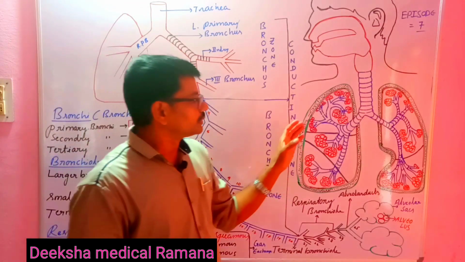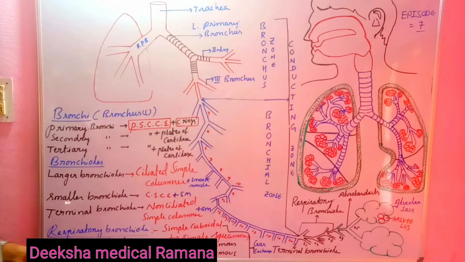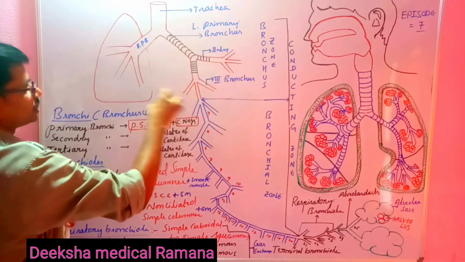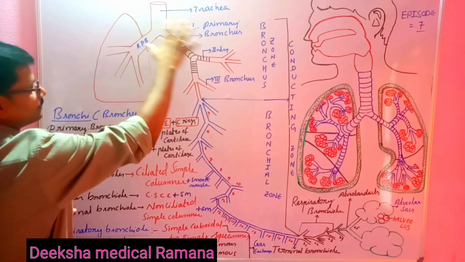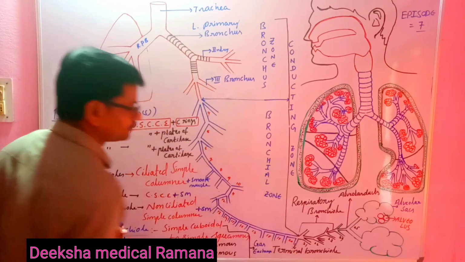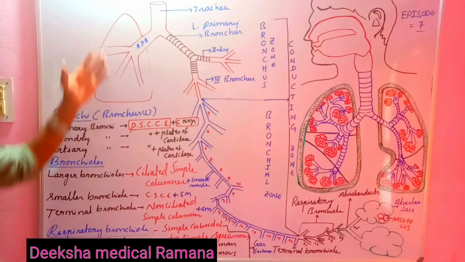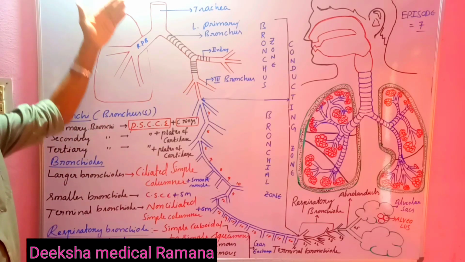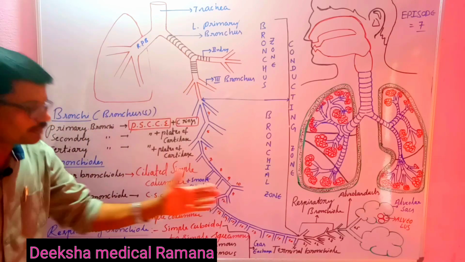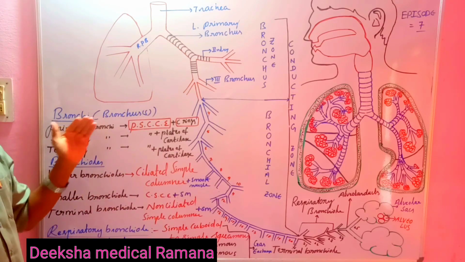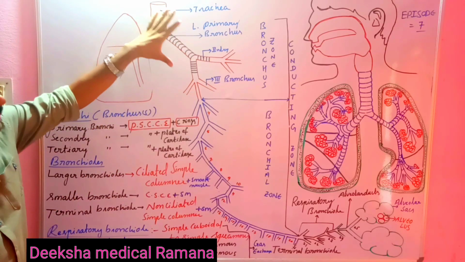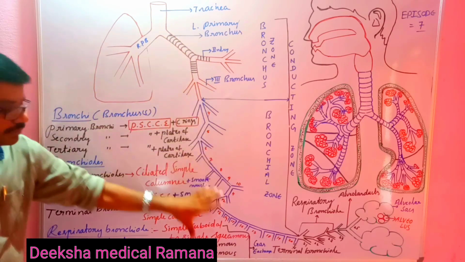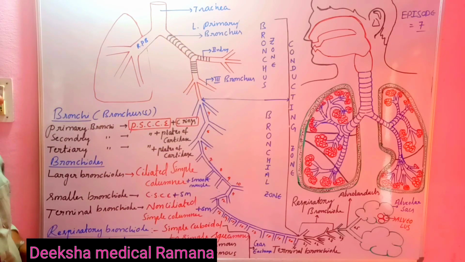Now we will explain the bronchi tree and bronchiole tree: how the air passes from place to place, and what the difference is between the bronchi and the bronchioles.